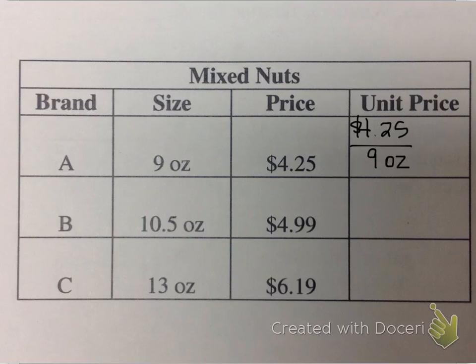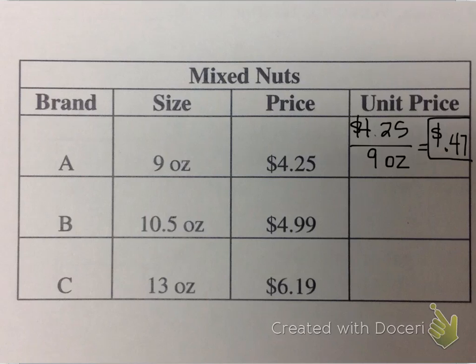It would round to 0.47 or 47 cents. So 47 cents, and it would be for 1 ounce. So that would be my unit price, 47 cents. So we usually have the dollar amount as the numerator and the ounces as the denominator. So this one was kind of a trick question. You had to kind of reason your way through it.